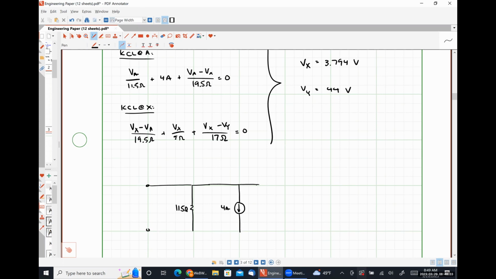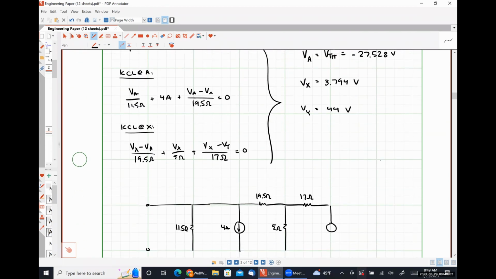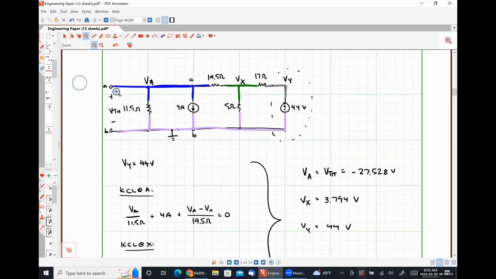Four amps. 19.5. 5. 17. 44. I want my screen got smaller, so make it big like it's supposed to be.